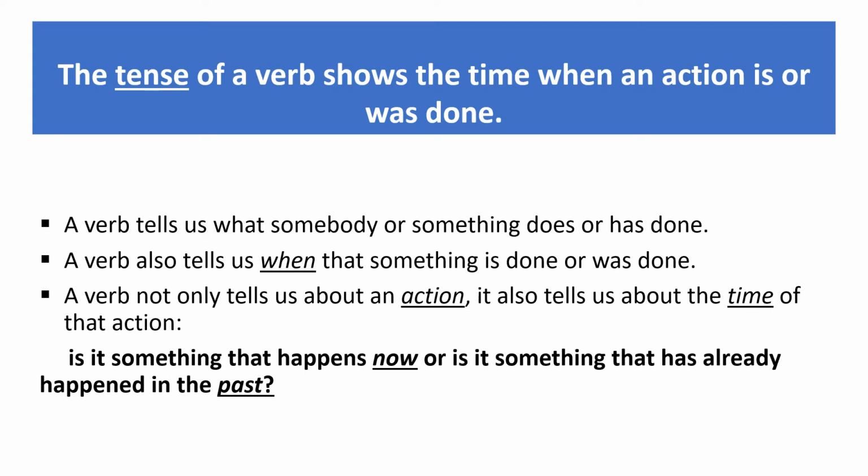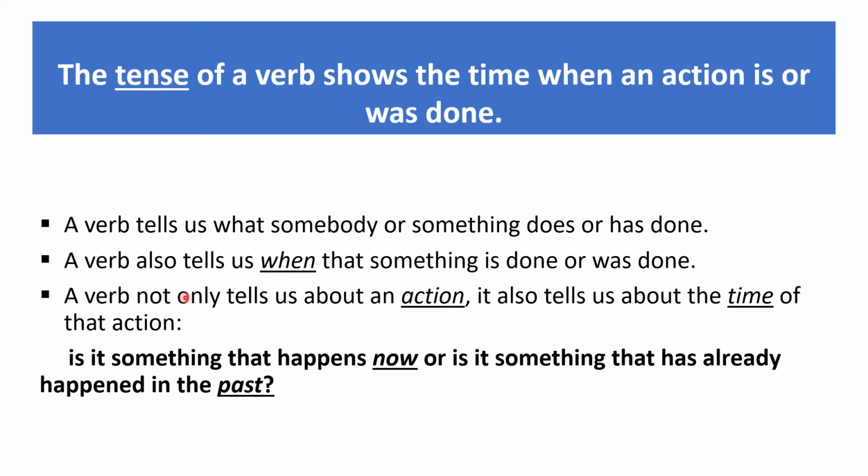A verb not only tells us about an action, it also tells us about the time of that action. Is it something that happens now, or is it something that has already happened in the past?